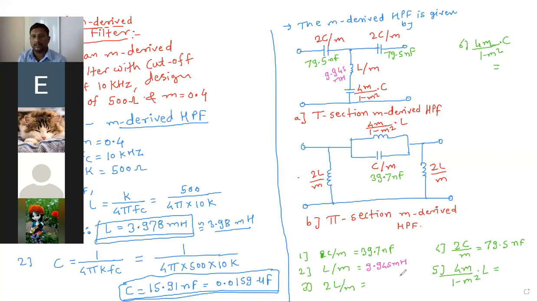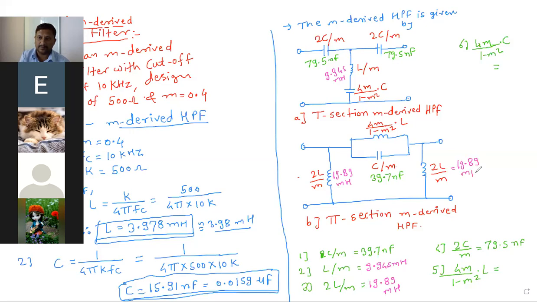Now next we require 2L by M. So multiply by 2, and we get 19.89 millihenry, correct? So that is required here in the pi section, 19.89 millihenry.